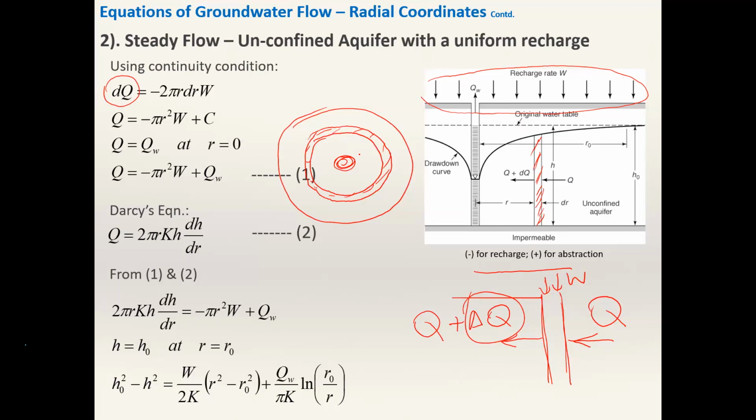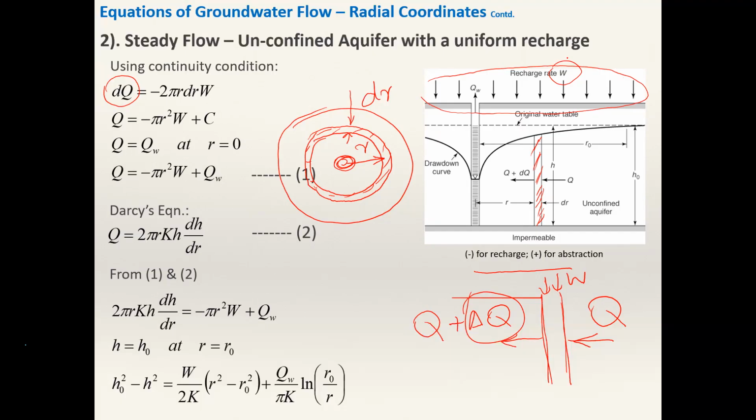Now, see what happened. If I consider this distance as r and the thickness of this one as dr, then the extra amount of water going out from this control volume, dq, I can write in terms of this recharge rate. What is this recharge? That is the amount of water volume that we add from the top per unit area. Water volume per unit area.